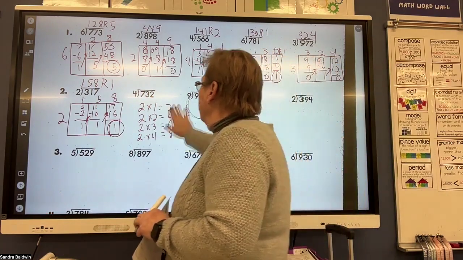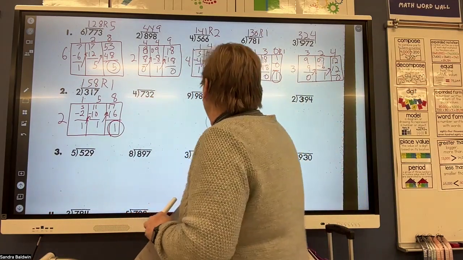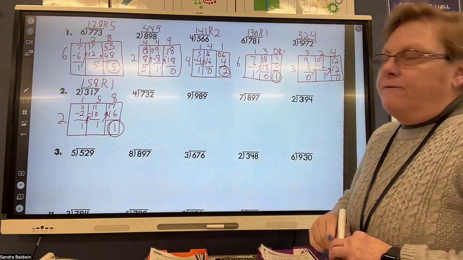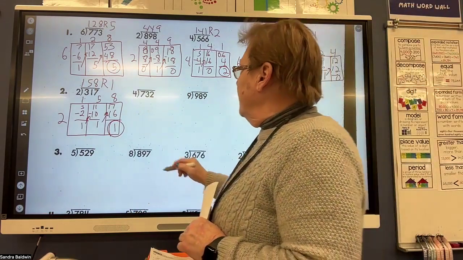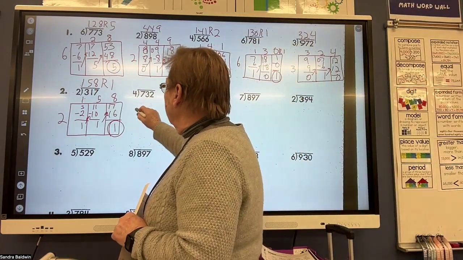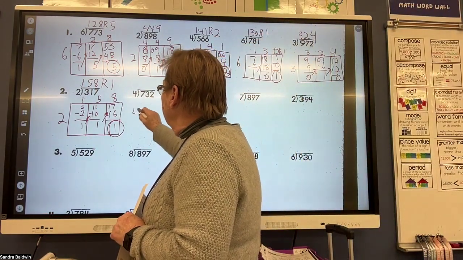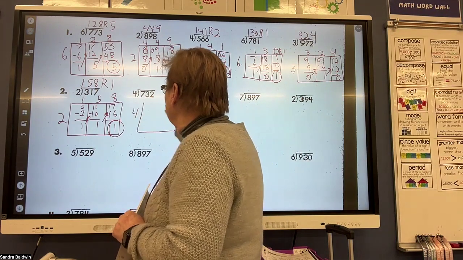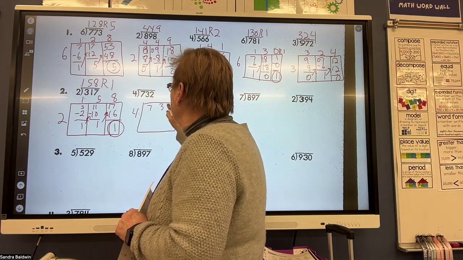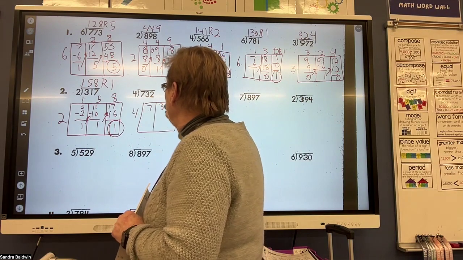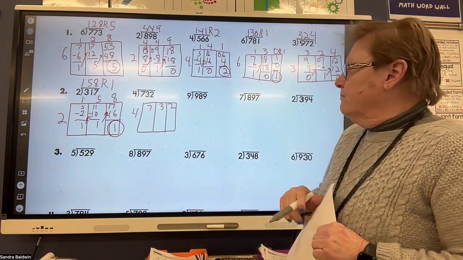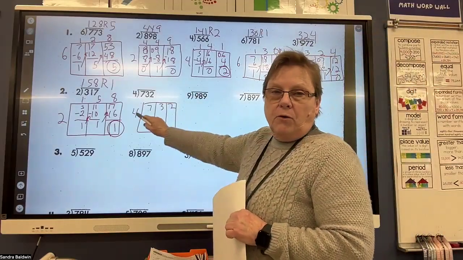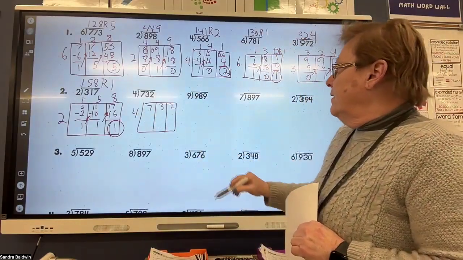Okay, the next one we're going to do is 732 divided by 4. So again, I'm going to set it up with my area model or my box method. 700s, 3 10s, 2 1s. All right, I'm going to use my 4 times tables. I need to know how many groups of 4 can go into 7.